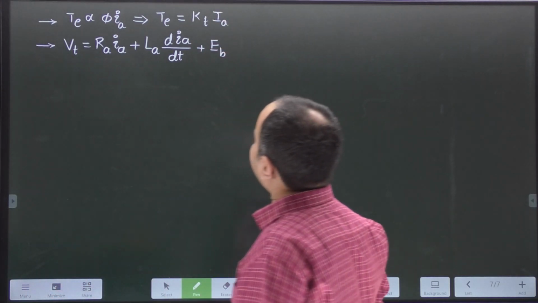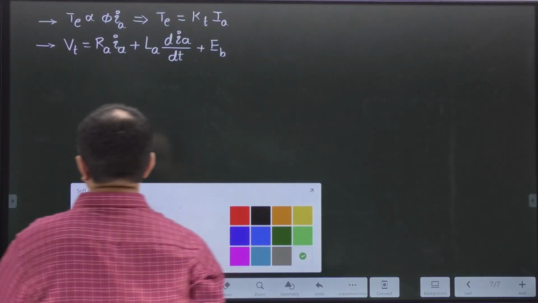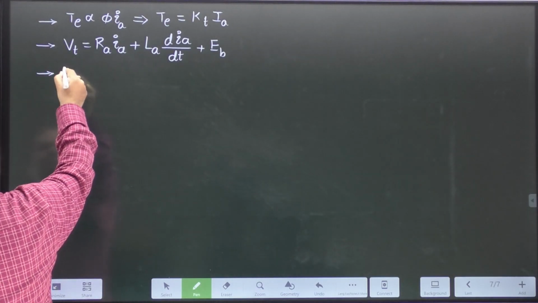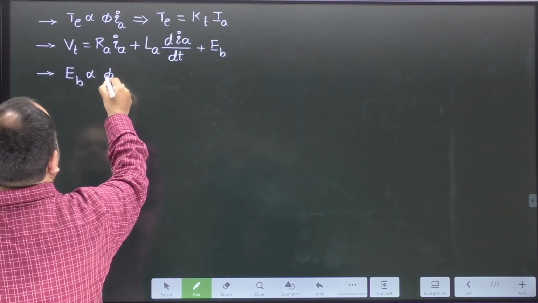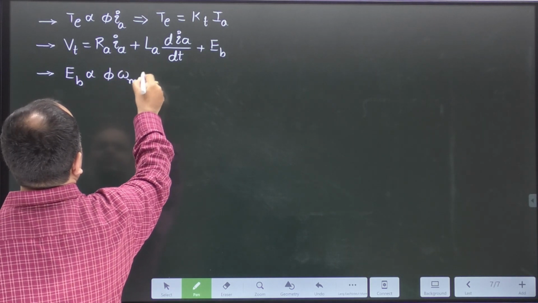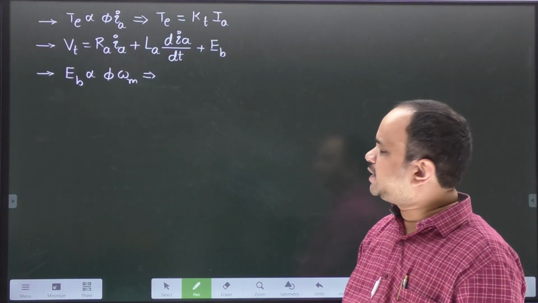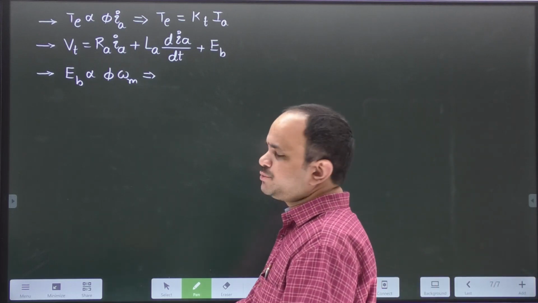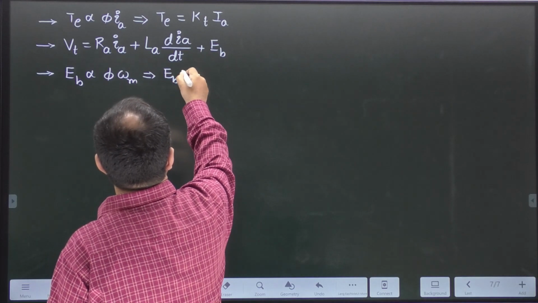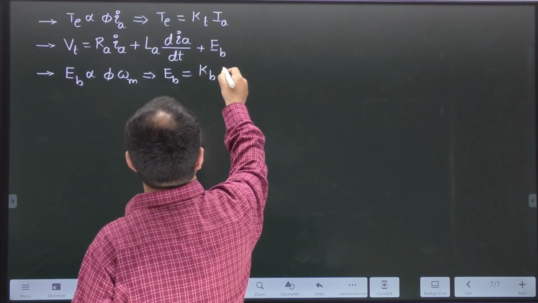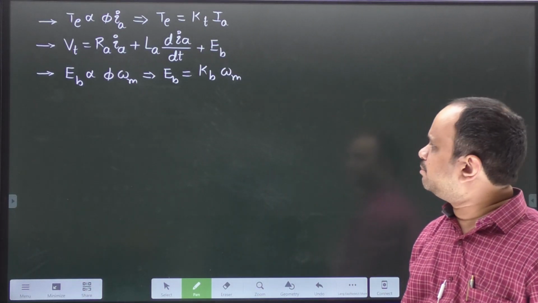Let us consider all of these equations are in the time domain. The back EMF of a DC motor can be expressed as a function of field flux multiplied with the speed, where speed is in radians per second. So EB is equal to another proportionality constant KB multiplied with speed in radians per second.